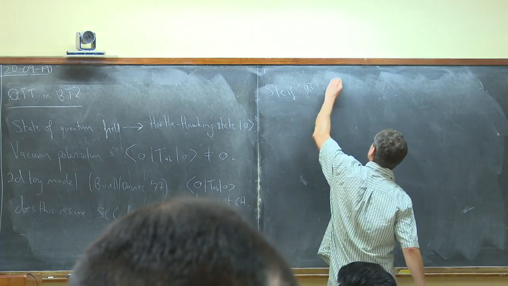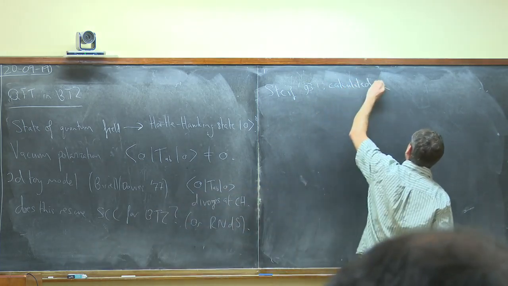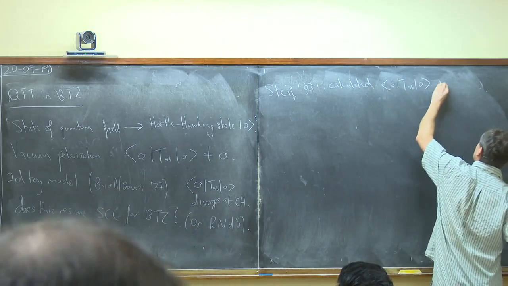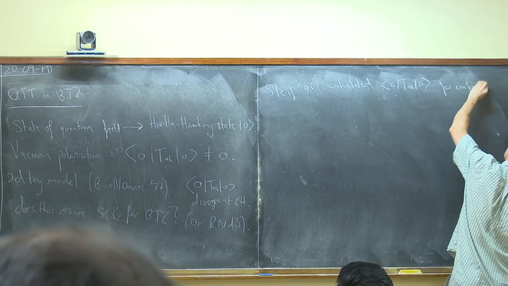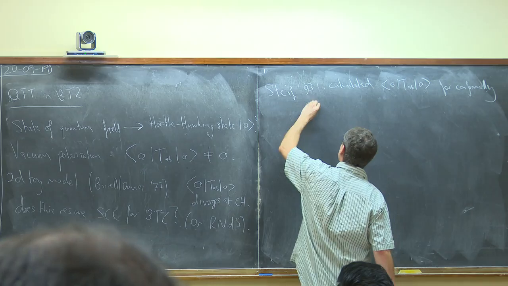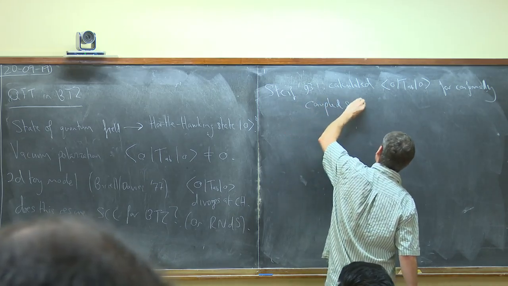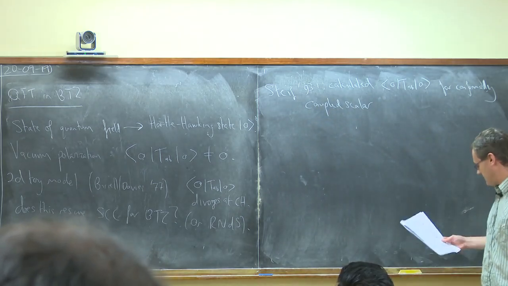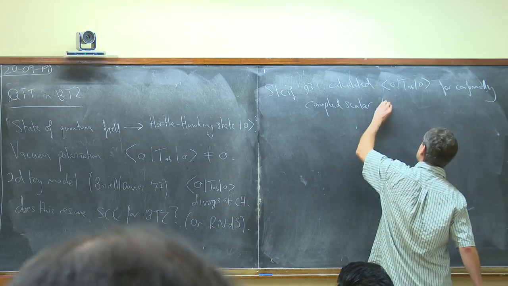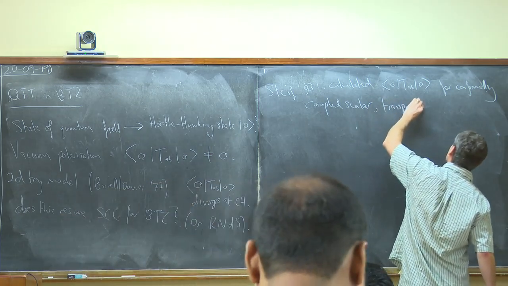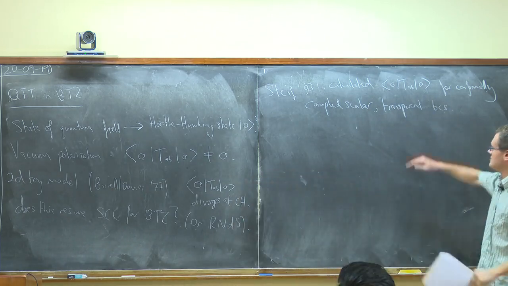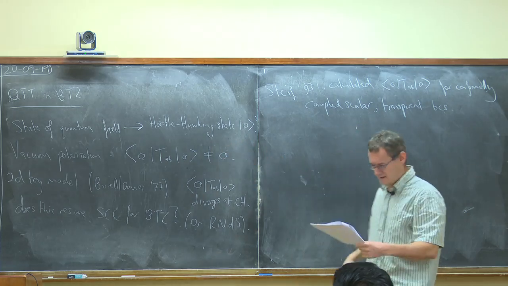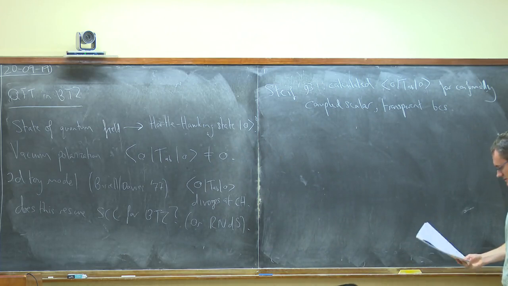What he did is he calculated this expectation value for a conformally coupled scalar but with, from a modern perspective, rather peculiar boundary conditions, the so-called transparent boundary conditions. These are the boundary conditions you get by conformally mapping to the Einstein universe and demanding that everything is smooth there. So that's not the boundary conditions that we would use nowadays.